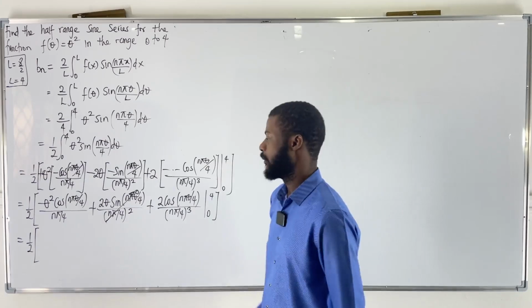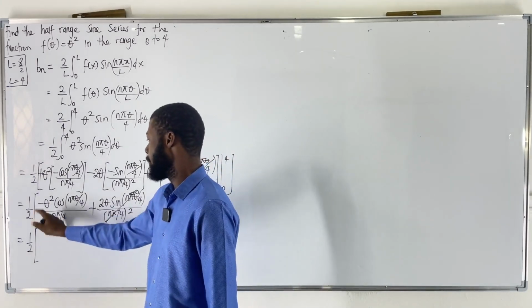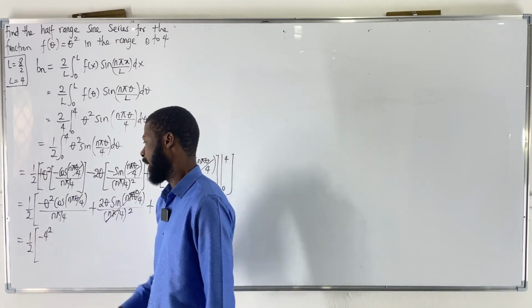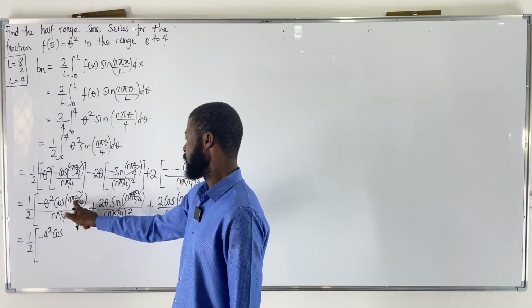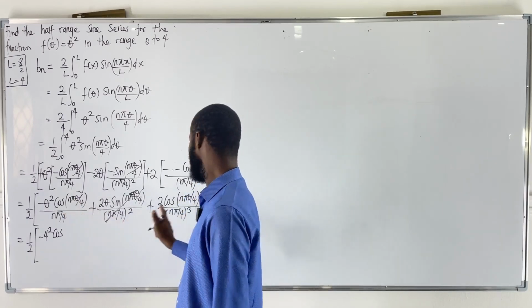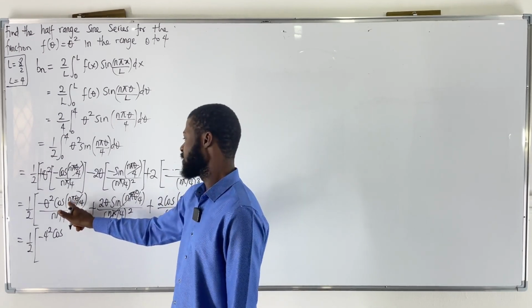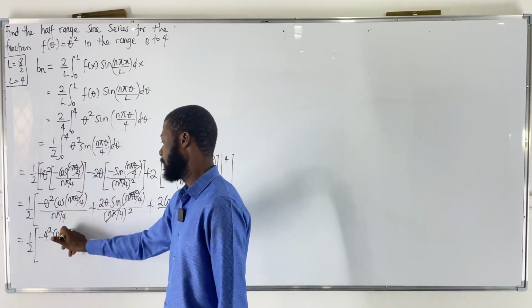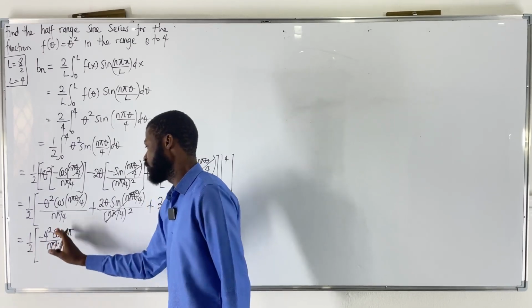And let us get started with our limit. So let's put in 4. This will be minus 4 squared cosine of, if we put 4 here, 4 over 4, so that's just 1. 1 times n pi is n pi, so this is n pi, divided by n pi over 4. So that is for that part.